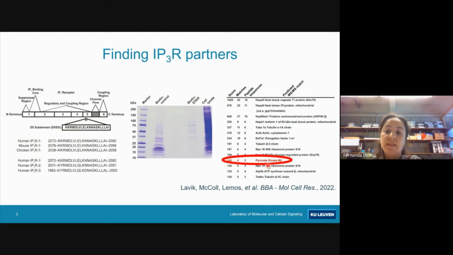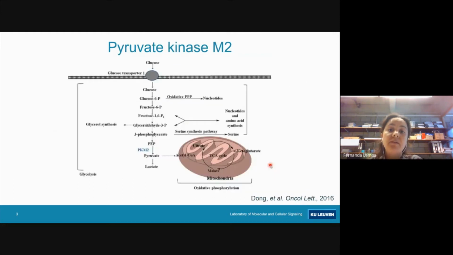But one protein specifically really interested us: PKM2, the pyruvate kinase M2. Pyruvate kinase is the enzyme at the end of the glycolysis pathway responsible for the conversion of phosphoenolpyruvate to pyruvate and ATP. We know so far that the PKM gene encodes two isoforms of pyruvate kinase, PKM1 and PKM2.